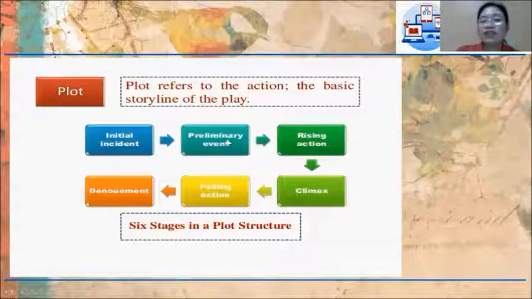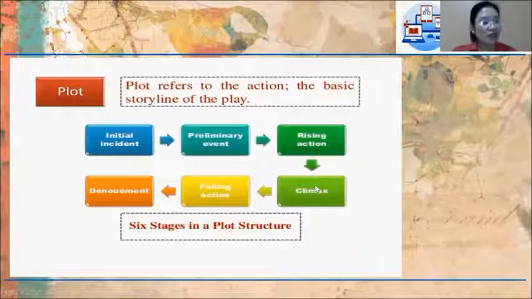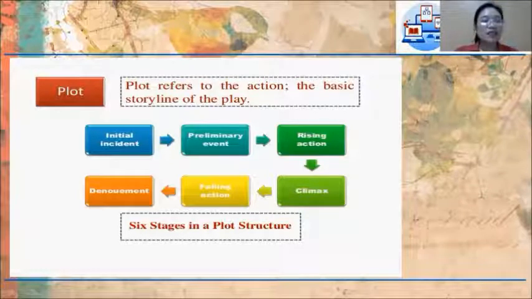The first event that occurs in a plot or in a storyline, and then we have rising action, wherein we experience climax. Now, climax or crisis, it is the decisive moment or the turning point of the plot at which the rising action of the play is reversed to falling action.